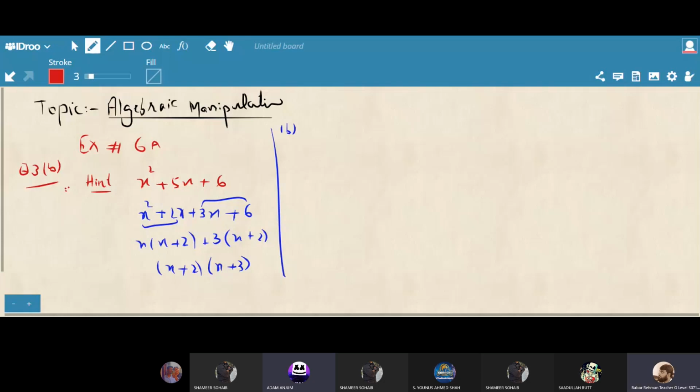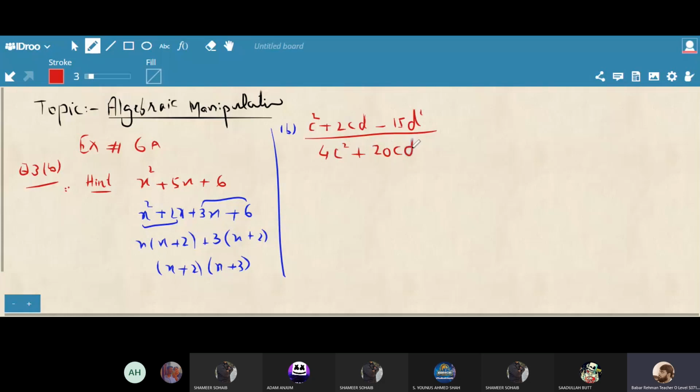Okay. c square plus 2cd, minus 15d square in the numerator. In the denominator we have 4c square plus 20cd.